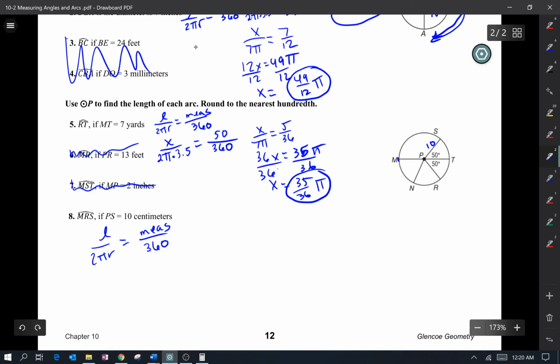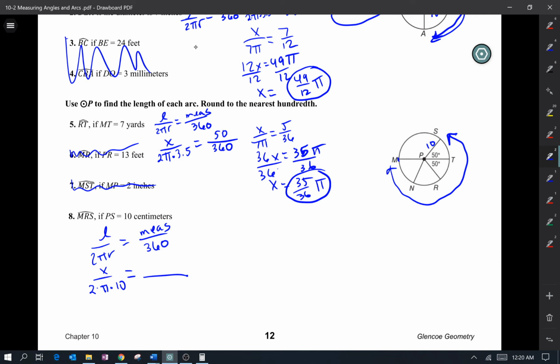The length of the arc, x, to 2 times pi times the radius is 10, is equal to the measure of the arc. What's the measure of the arc? What are we trying to find? We're trying to find MRS. MRS is this one right here. Agreed? You may be thinking to yourself, well, I can't figure it out because I don't know what these two are. But I do, because check this out. Look what's happening. They're trying to trick us, right?